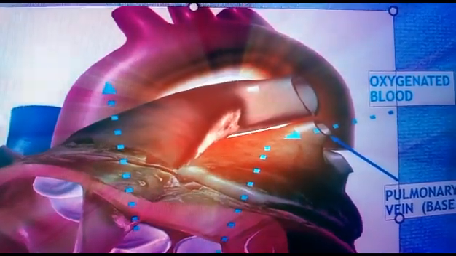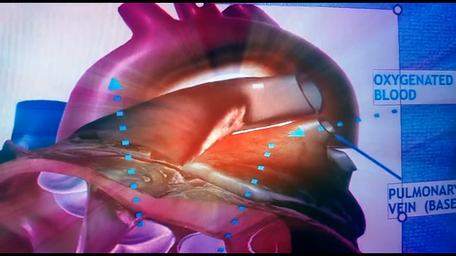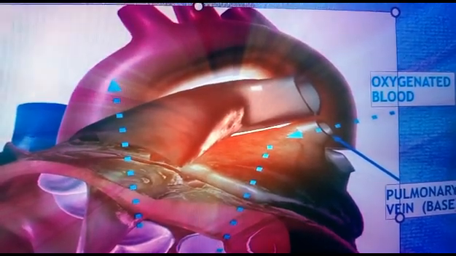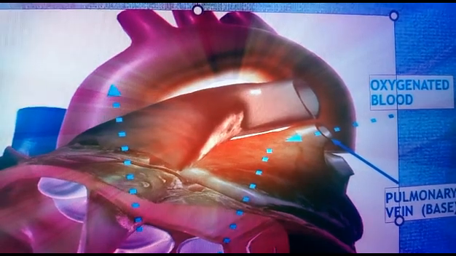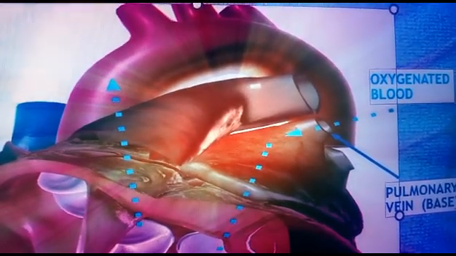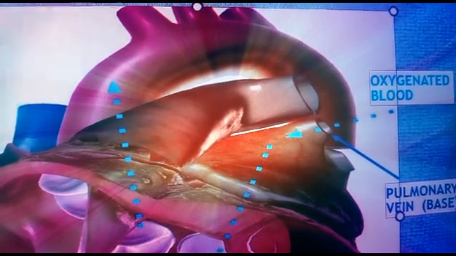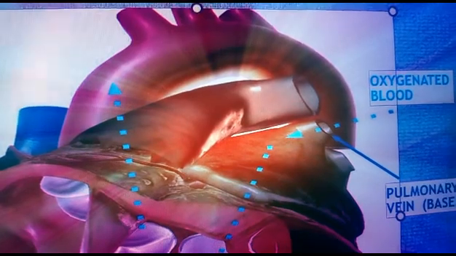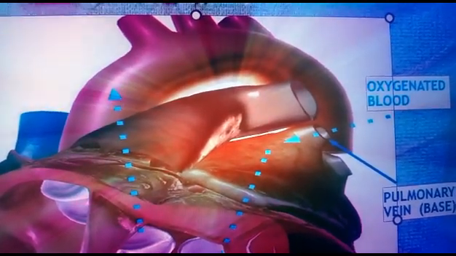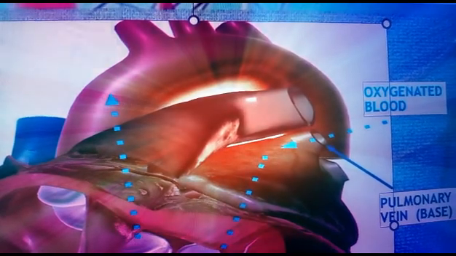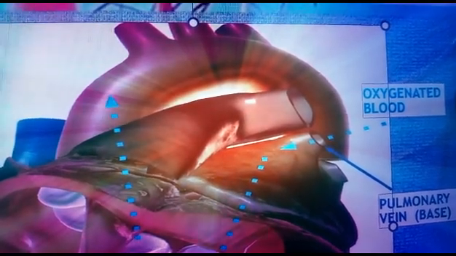When the left ventricle contracts, it sends the oxygenated blood out through the aorta. So, ayan. The heart beats about 100,000 times a day and pumps around 2,000 gallons of blood.